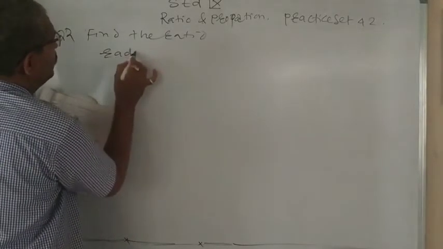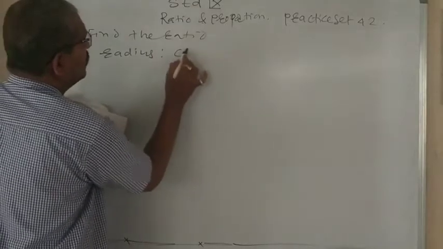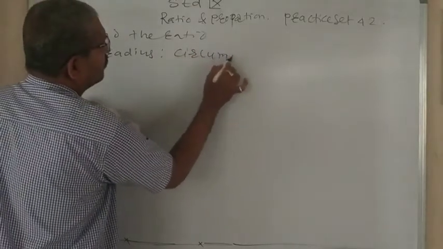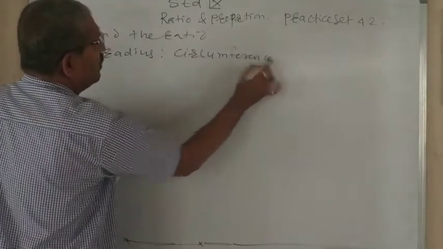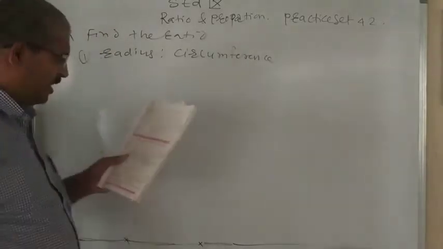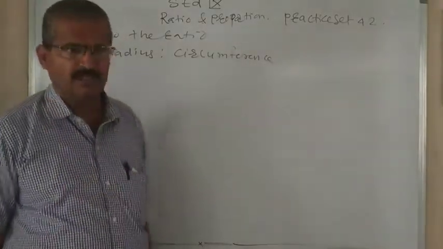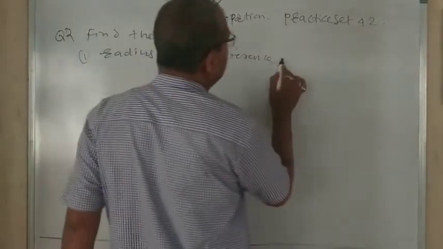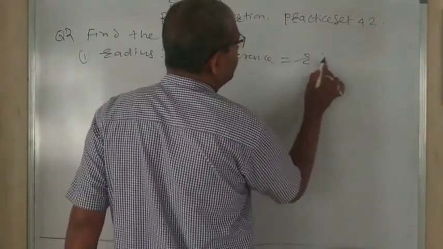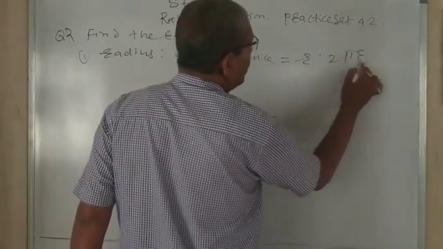Once again, radius to circumference. Radius means r and circumference means 2 pi r.